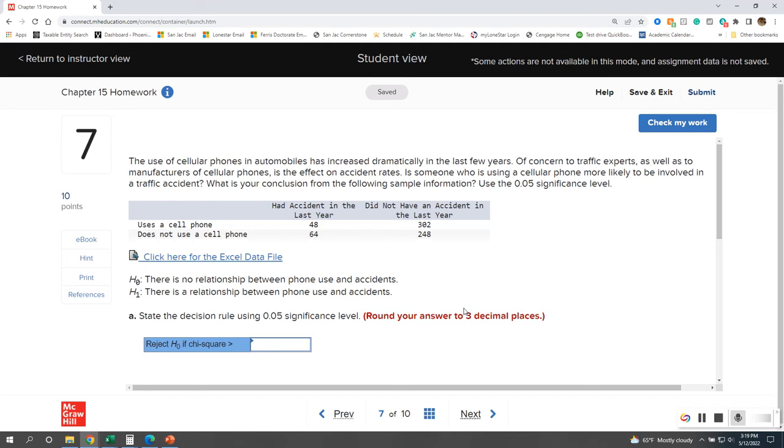Okay. So we're looking at had accidents last year, did not have accidents in the last year. So it looks like we have a contingency table. So again, we have 2.